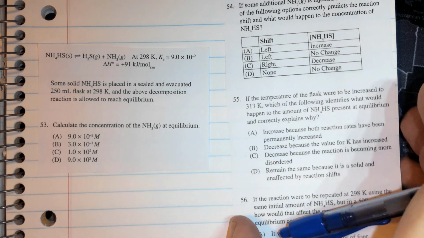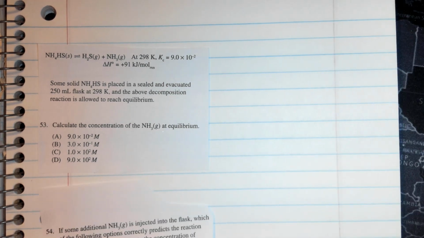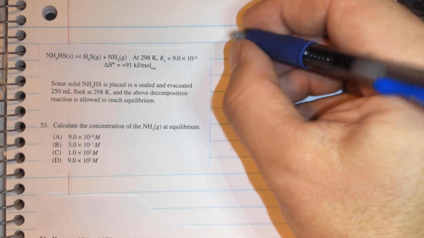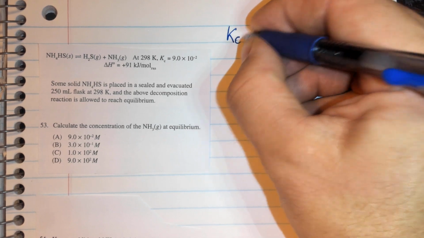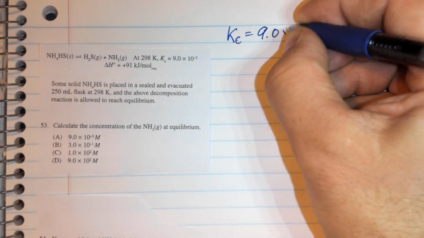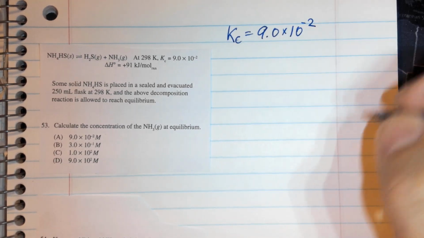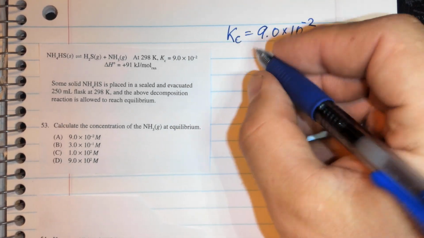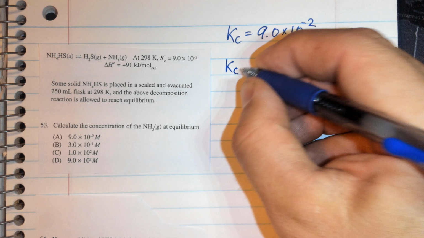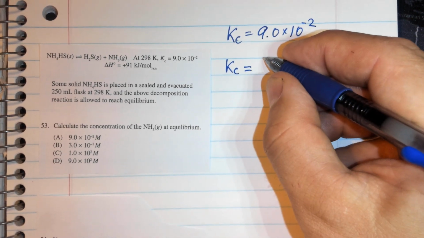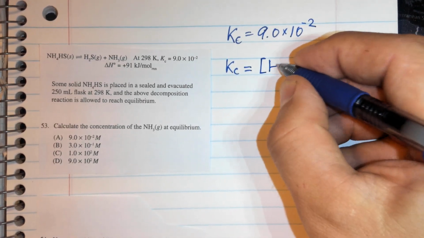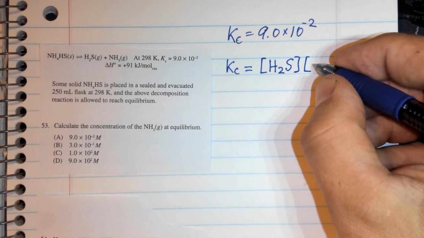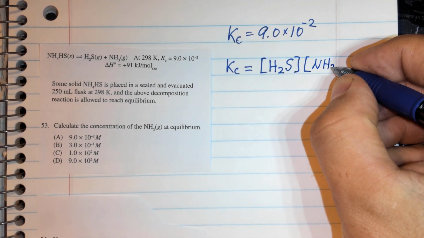Okay, so to calculate this concentration, we can use the equilibrium constant. The equilibrium constant here, Kc, equals 9.0 times 10 to negative 2. Now, this constant equals the product of the concentrations of the products of the reaction to the power of their coefficients.